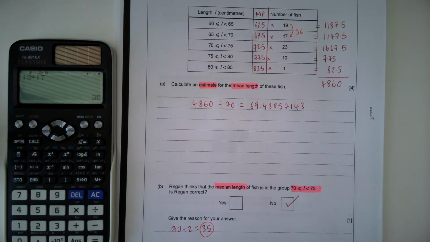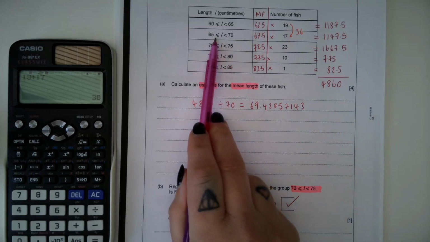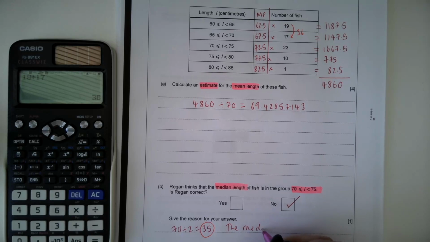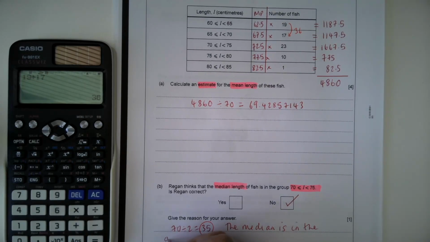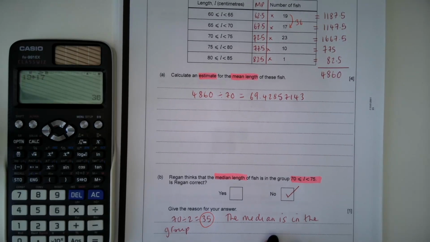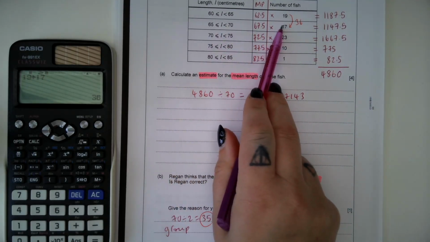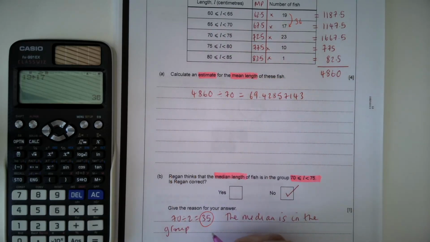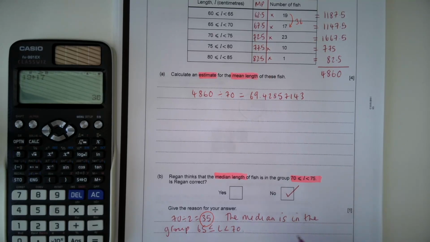So Regan is not correct, and I'm going to say that's because the median is in the group, and it's this one, remember, because that's where when we were counting up and totaling we got to our 35th. So it's in the group 65 to 70. So we've said no, that Regan's not correct, and told them why, because that's the correct median.